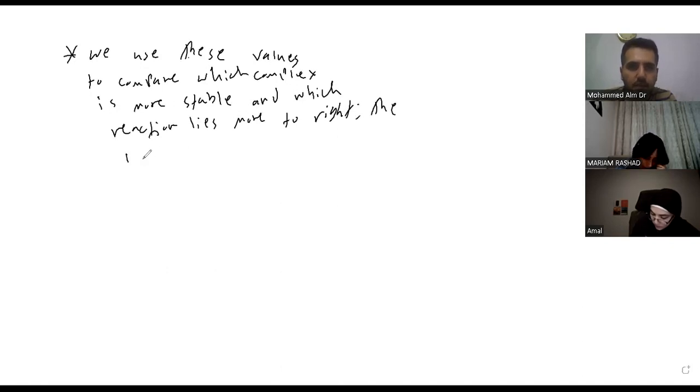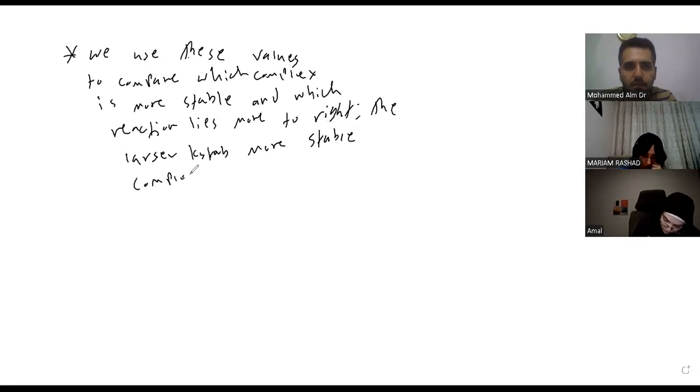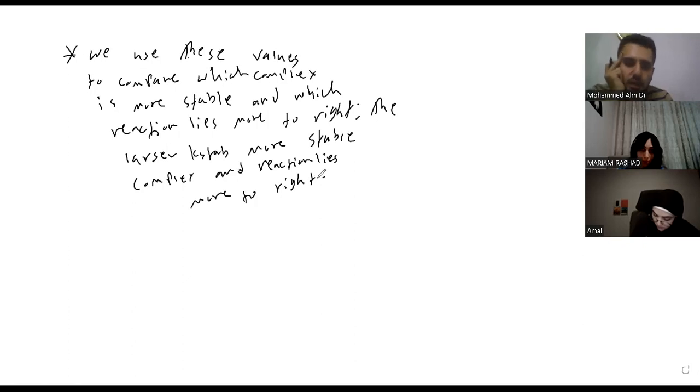The larger the Kstab, the more stable the complex and the more the reaction lies to the right. Guys, once you understand these notes, everything will be a piece of cake, okay? All the questions are related to these notes.